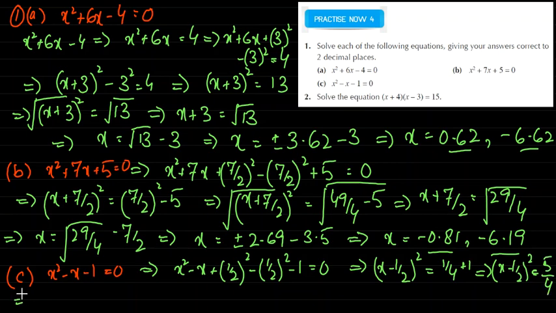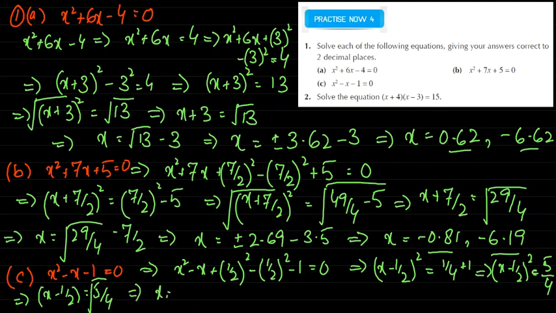So it will become x minus 1 by 2. If I take under root on both sides, it becomes x minus 1 by 2 is equal to 5 divided by 4 under root.